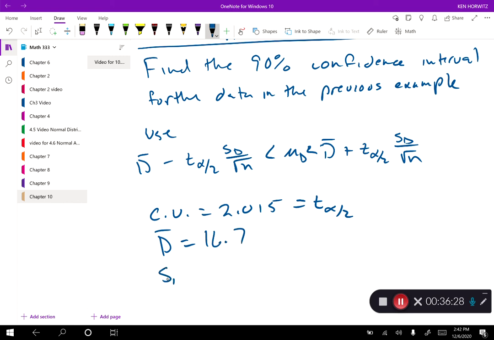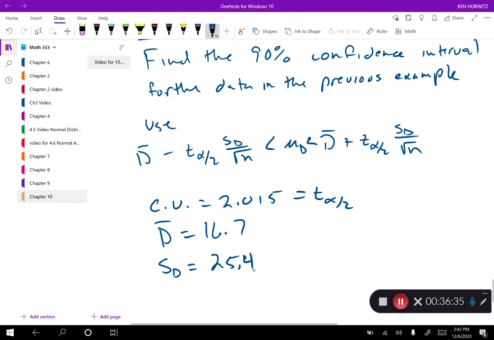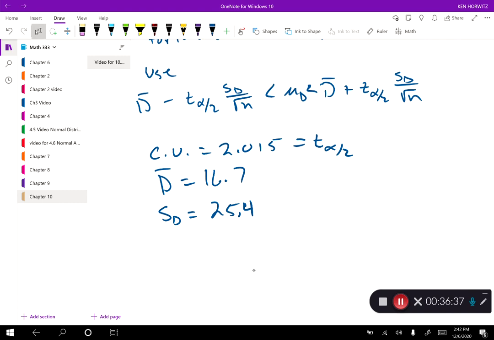And we already know the standard deviation of our differences at 25.4. And we already know that n equals 6. Looks to me like we have everything to fill in the formula. So why don't you guys take a moment, pause the video, let's fill in the formula, and we'll see if we match.